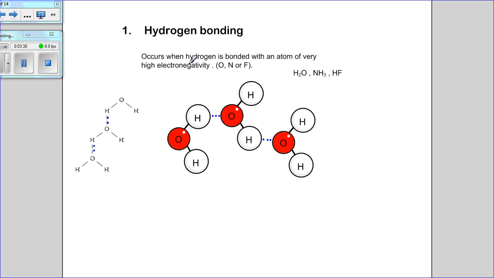The three most famous examples of hydrogen bonding occur between water molecules, ammonia molecules, and hydrogen fluoride molecules. And because of the intermolecular forces, it affects the physical properties of the substance. Things like boiling point, melting point, viscosity, vapor pressure. Those things we won't discuss here, but we will just be discussing the types of intermolecular forces that are found between molecules.